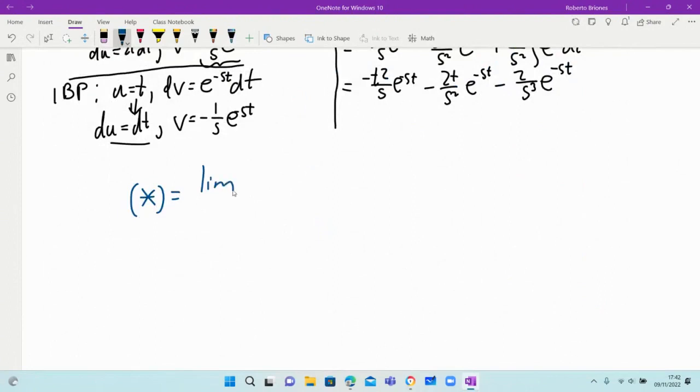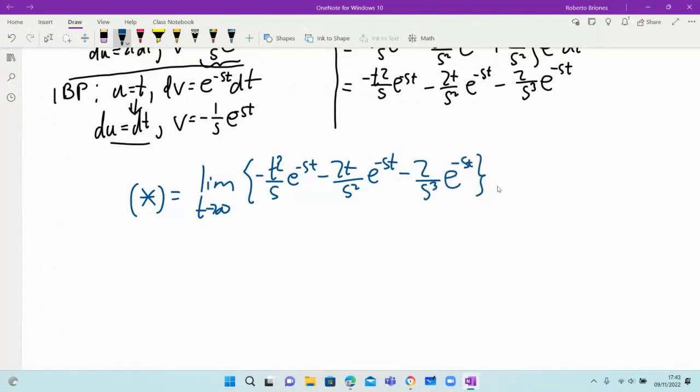The limit as t goes to positive infinity of negative t squared over s e to the negative st minus 2t over s squared e to the negative st minus 2 over s cubed e to the negative st.